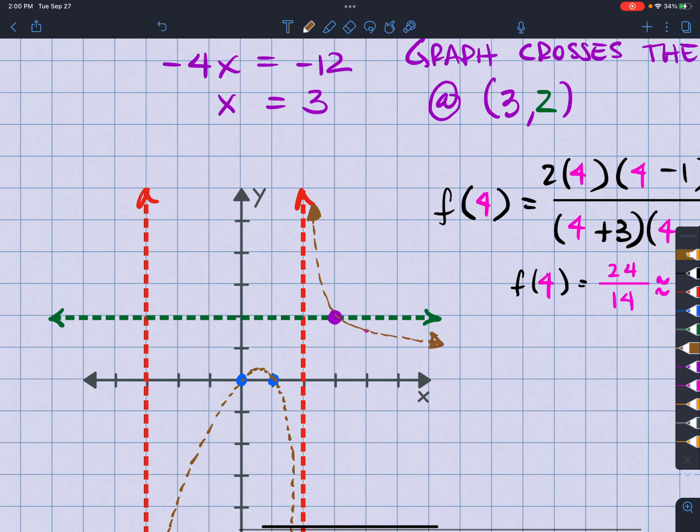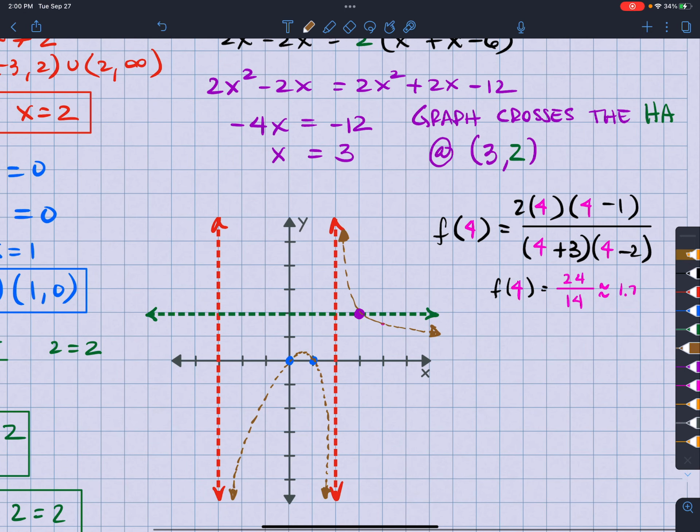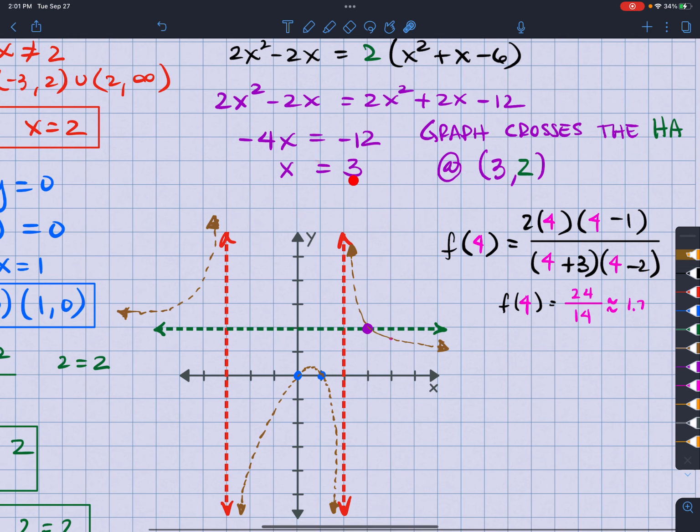Okay. And then this is going to have to kind of go this way. Okay. Now, again, the reason why I can't let this cross the horizontal asymptote, even though if you're allowed to, is because when I was looking for it, it doesn't say it would cross anywhere else.